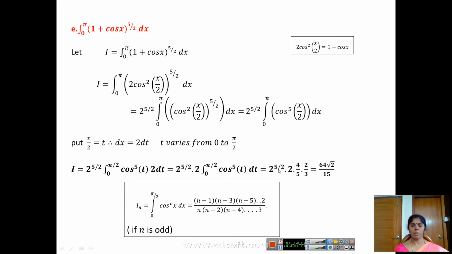Here, because 2 to the power 5 by 2 is there, we can write it as the root of 2 to the 5, which is 2 to the 4 times root 2. We can take that outside. Then 4 twos are 8, 8 twos are 16, 16 fours are 64, with root 2 in the numerator. In the denominator we have two terms, 5 as well as 3, and 5 threes are 15.